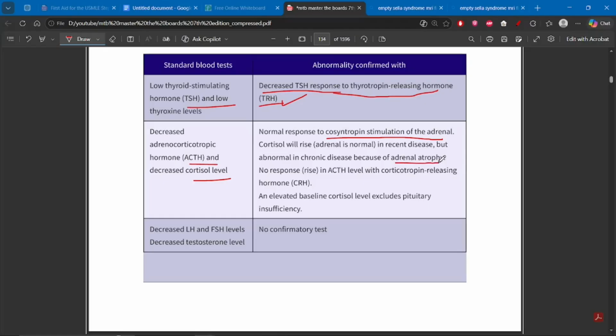If there is adrenal atrophy, then cosyntropin will not work, and there will be no rise in cortisol. An elevated baseline cortisol level excludes pituitary insufficiency. So if there is not a decreased cortisol level but an increased cortisol level, then it would show us that there is no pituitary insufficiency present. Then there is some other problem.